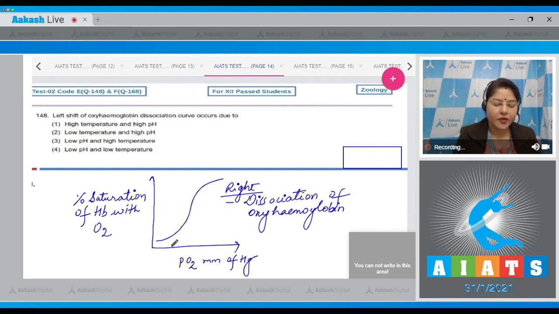And if this graph shifts to left side, this indicates hemoglobin is more saturated with oxygen.